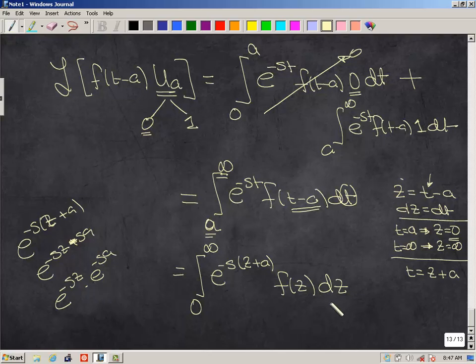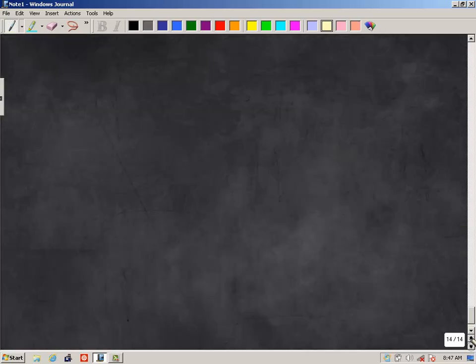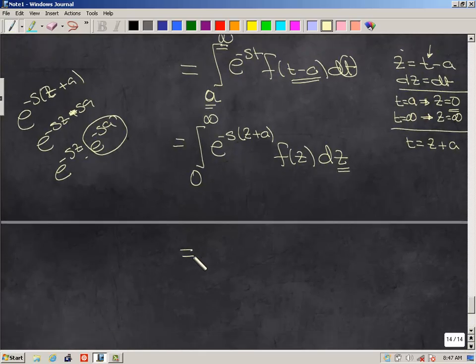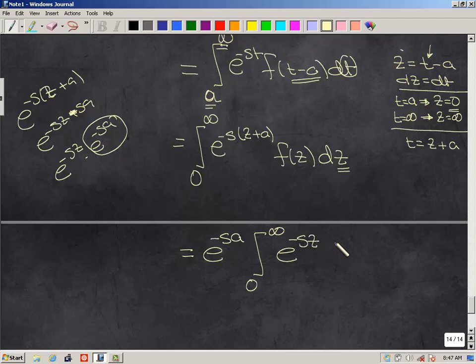We are taking the integral with respect to z. This has nothing to do with z, so it's a constant. We can pull it out. So we get e to the minus sa, the integral from 0 to infinity of e to the minus sz f of z dz.